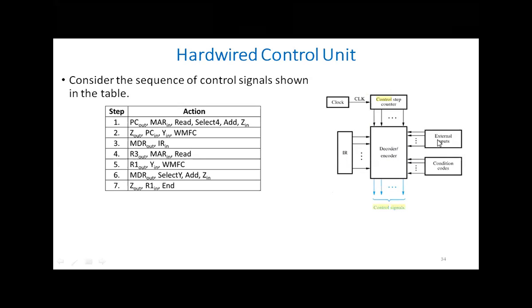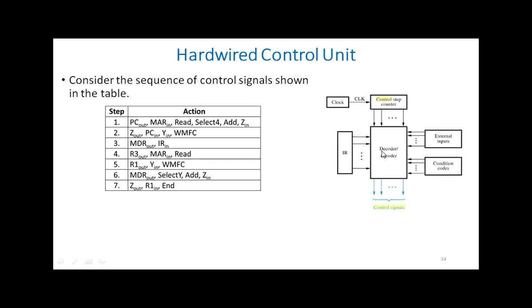There is an external input connected to it, and condition codes are also connected. The instruction register holds the instruction, which is decoded by the decoder component.